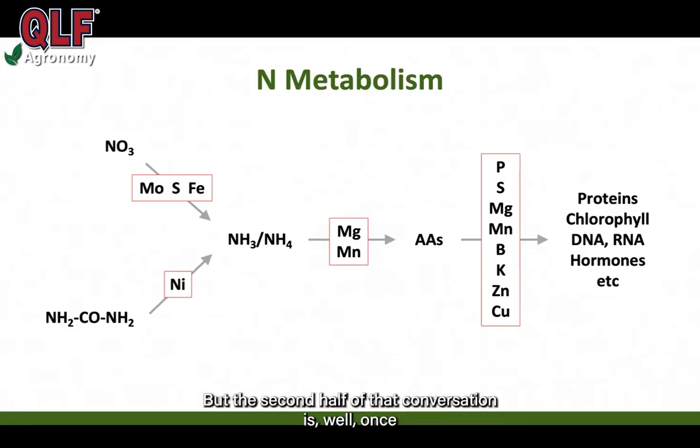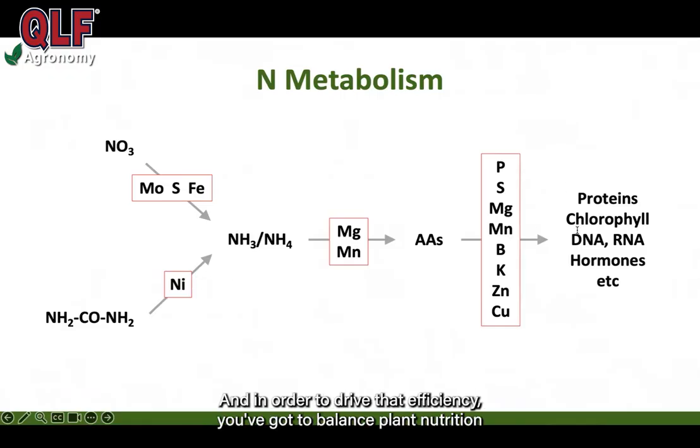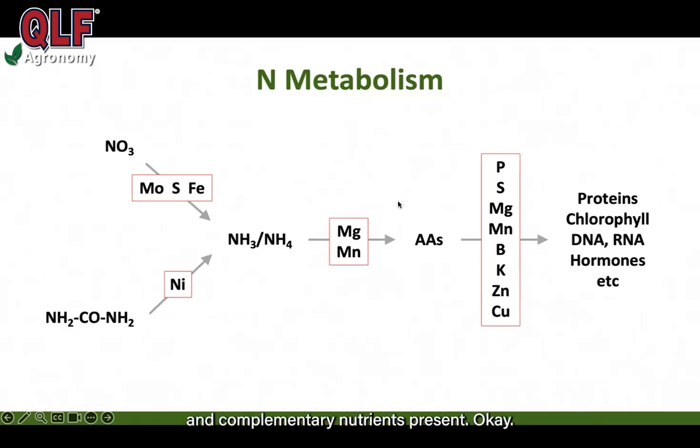But the second half of that conversation is, once I get nitrogen into the plant, how efficiently am I converting it into protein or into these other organic molecules that plants really require? So that's the nitrogen utilization efficiency. And in order to drive that efficiency, you've got to balance plant nutrition and make sure that you've got all of these other synergistic and complementary nutrients present.